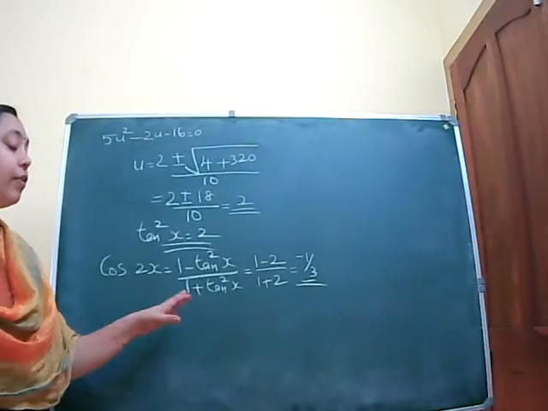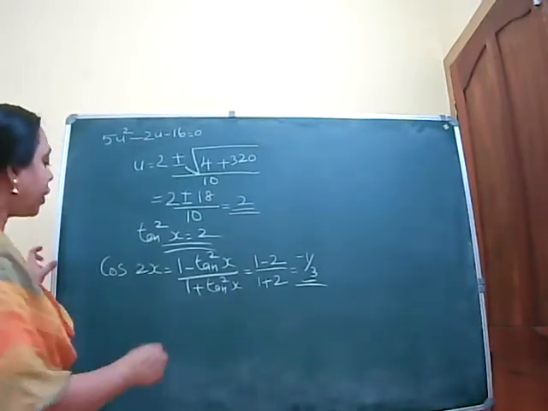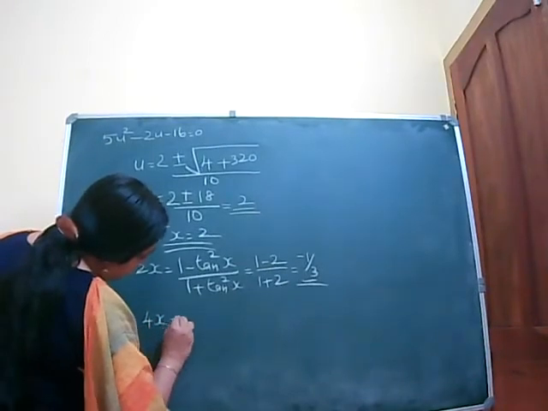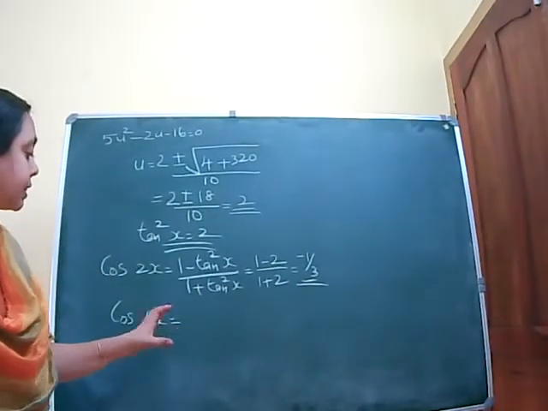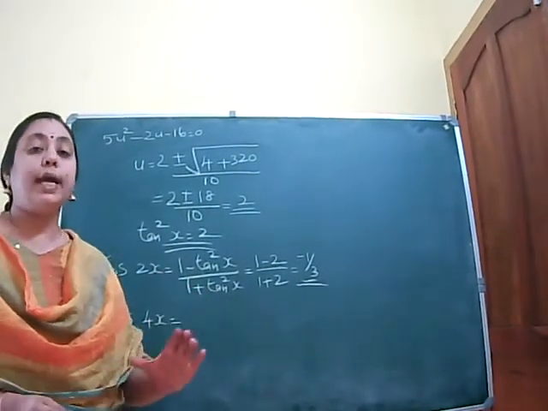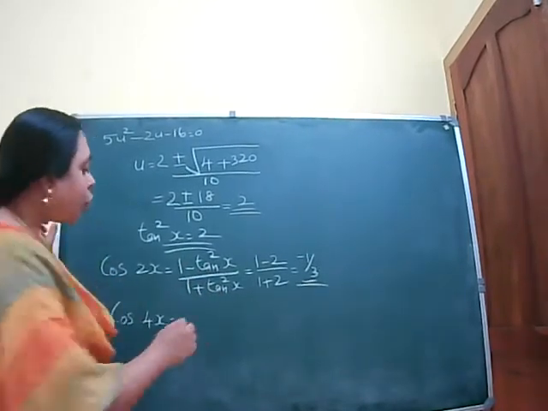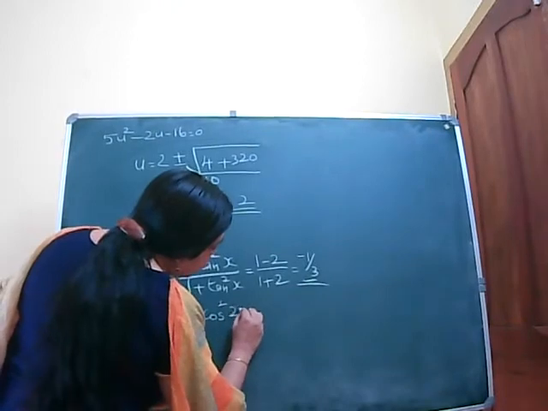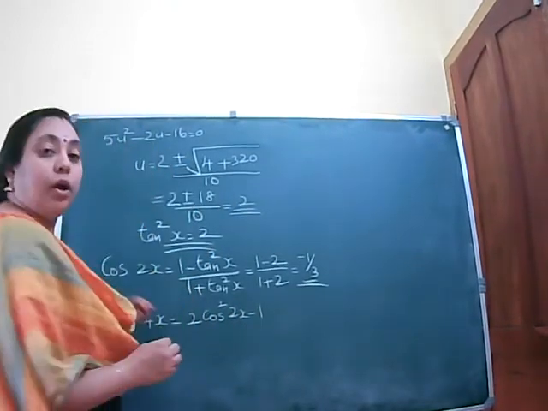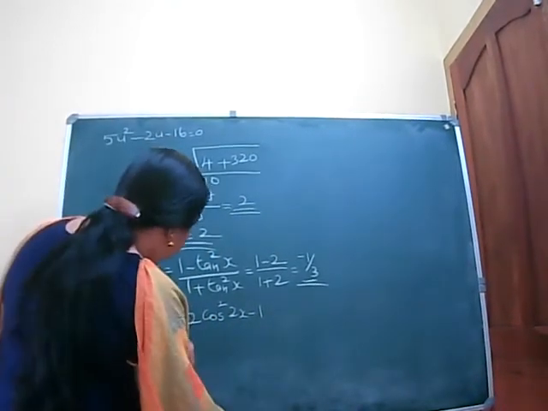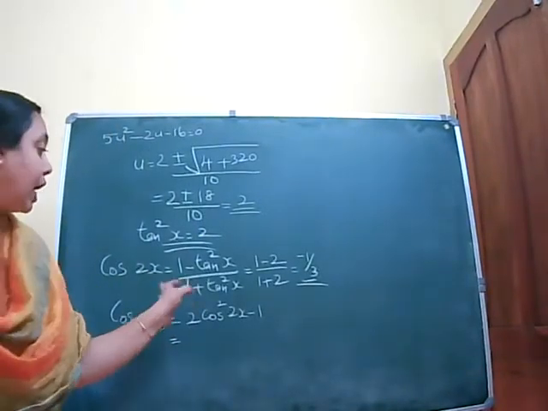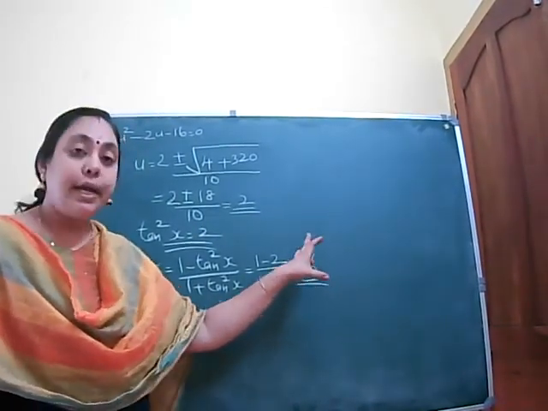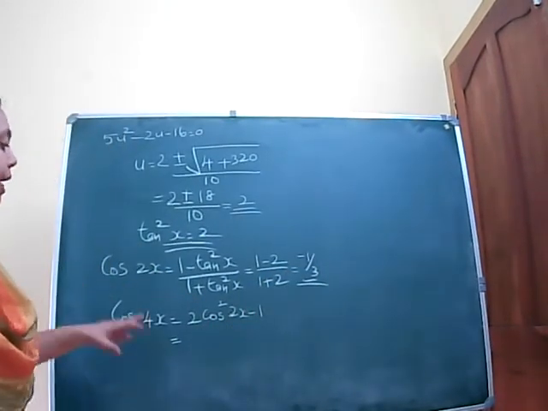Now we find the value of cos 4x. Cos 4x is cos 2 into 2x, that is 2 cos square 2x minus 1. We have obtained the value of cos 2x as minus 1 by 3. Just substitute that value here.